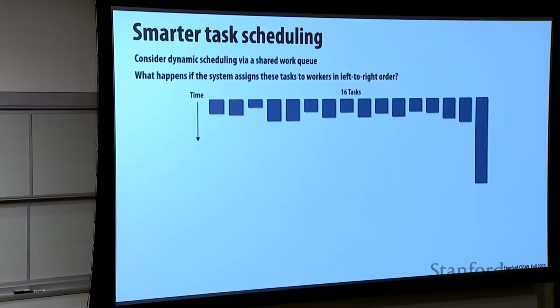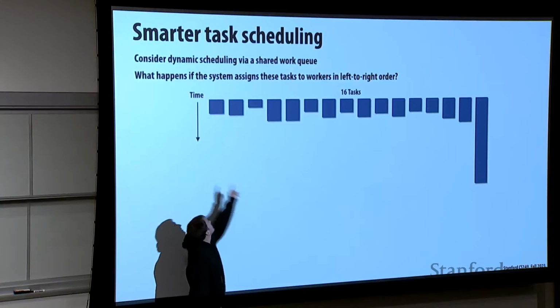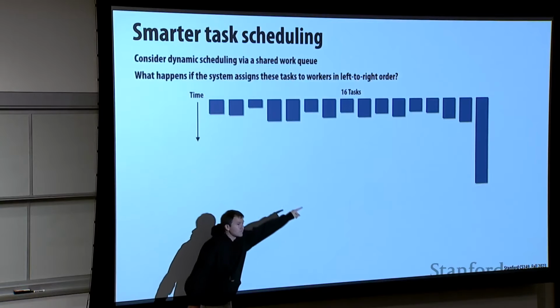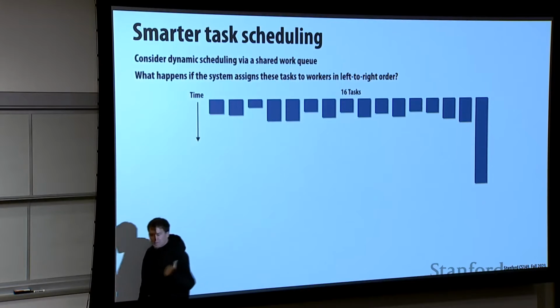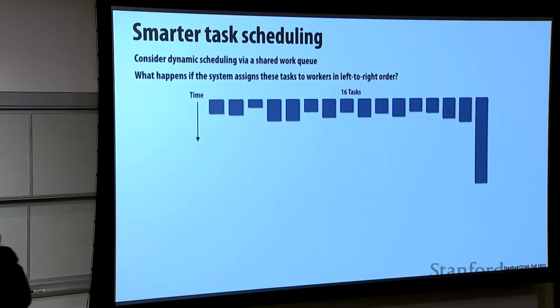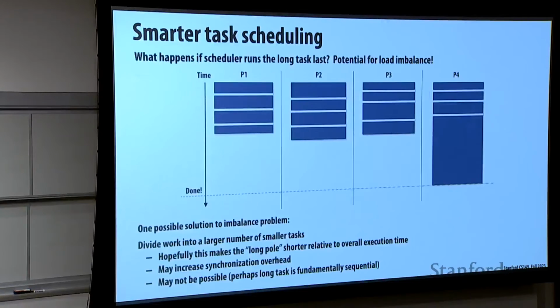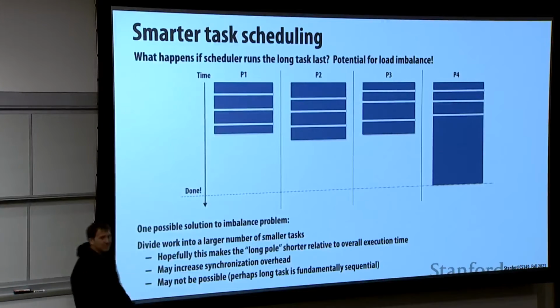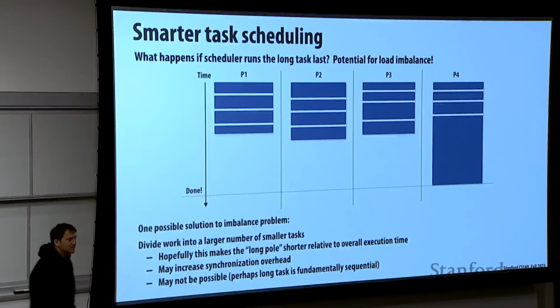Yeah. So here's an example. Imagine I have these 16 tasks. So this is task 0, 1, 2, 3, all the way to 15 over there. And I just purposely made the last task much, much longer than the rest. Now imagine some dynamic scheduling approach, just like what we talked about. And here's a possible final assignment as a result of the dynamic scheduling.